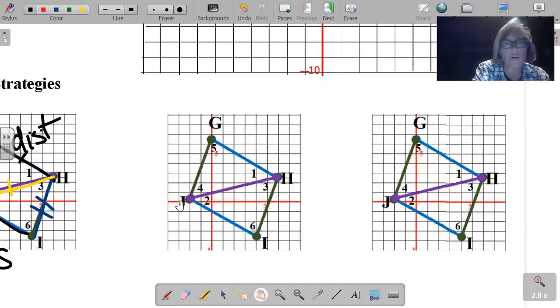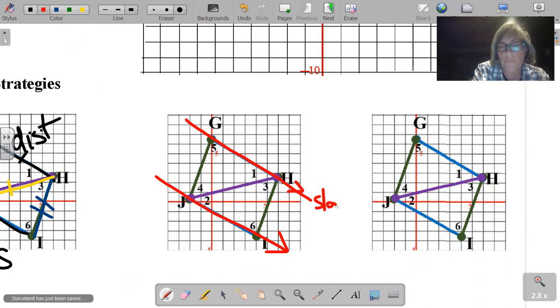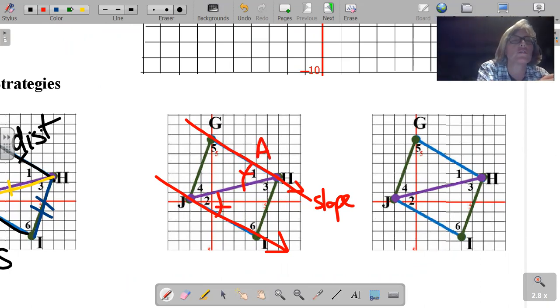Another strategy you could use is to show GH and JI to be parallel using slope. If you can prove that's parallel, that would give you angles 1 and 2 congruent, and that would give you a pair of angles.